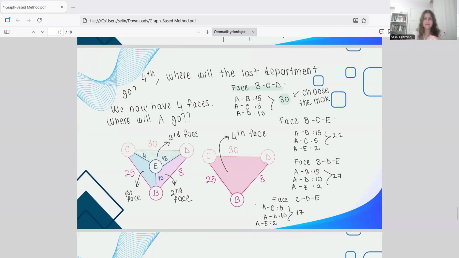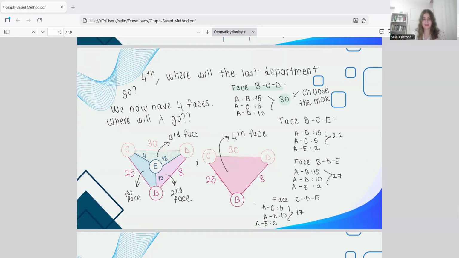Now, we will take faces into consideration, and we have A left, and we are going to compare the scores, and we are going to sum them up. The same thing, but we are going to do it for all faces.